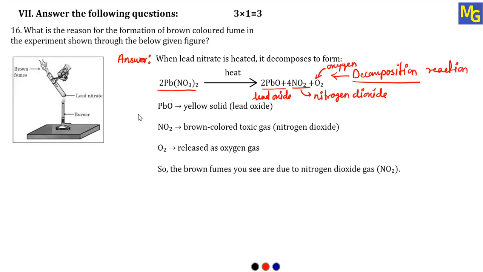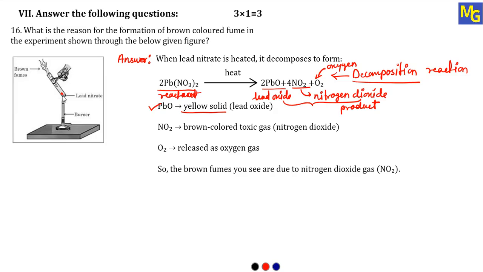Now in this reaction, these are reactants. The reactant is one, and these all are products. So we are going to get more products in case of decomposition. Among the products, PbO that we are getting is a yellow solid. It is solid lead oxide, so it will not form any vapors.